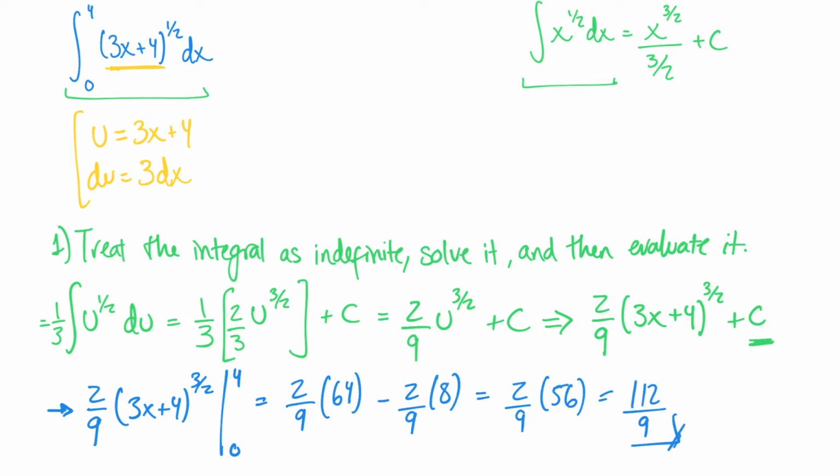And that's the solution. So way number one to solve these integrals is to forget that they're definite integrals. Just don't pay attention to that. We make our u-substitution, we solve the integral, and then at the very end we evaluate it.